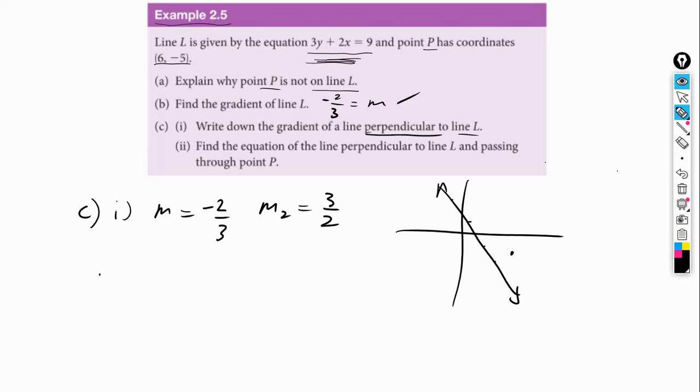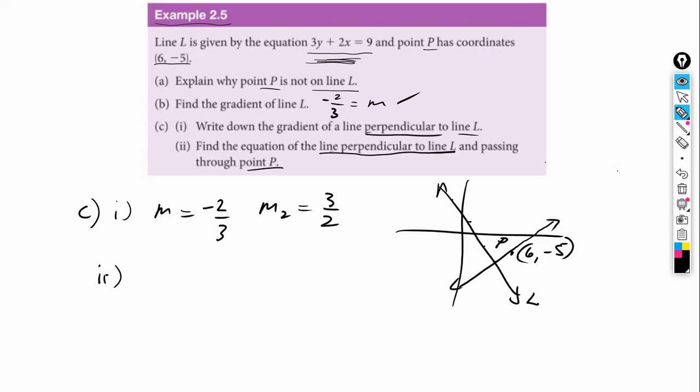For part 2, it says find the equation of the line perpendicular to line L and passing through point P. So we said that if this was point P, it's off the graph, but you can have a line that goes through that point and is perpendicular to line L. And it goes through the point, as we said, (6, -5).